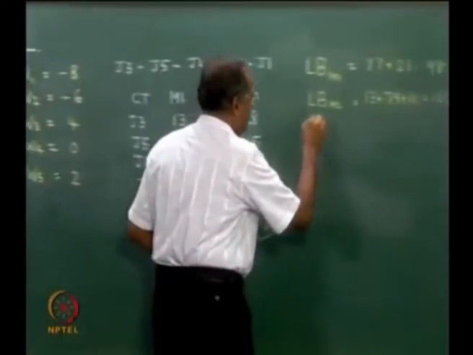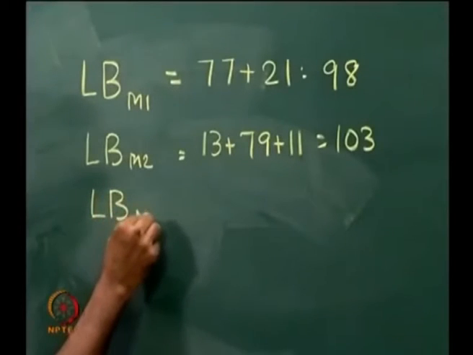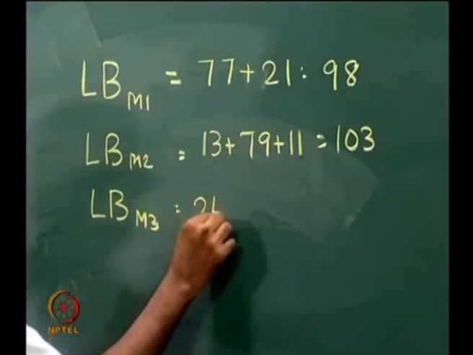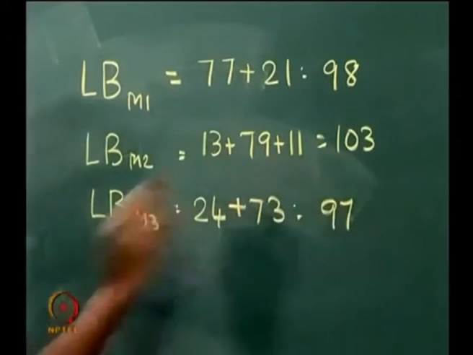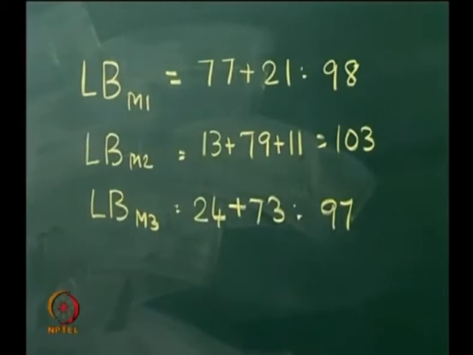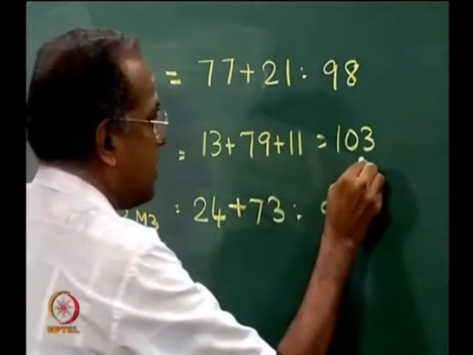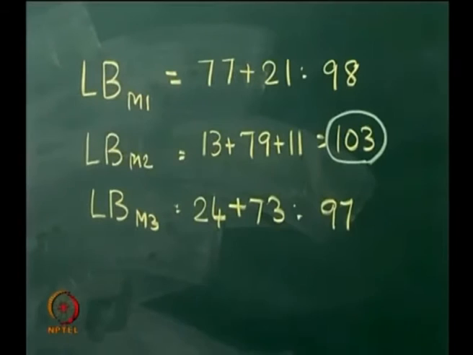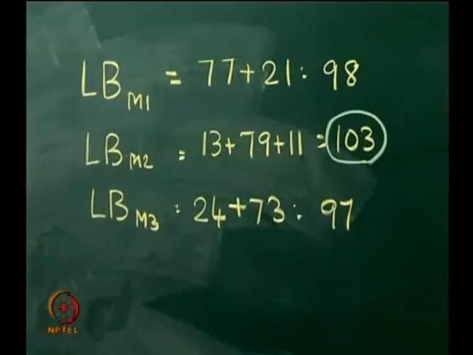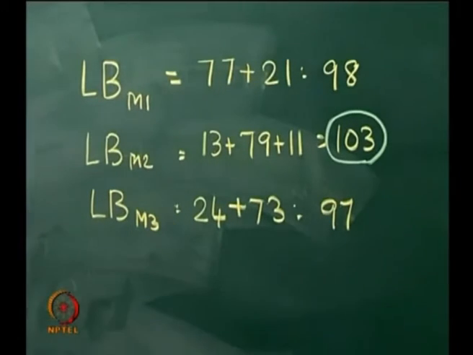So, the lower bound on M3 is equal to 24 plus 73, which is 97. Now, out of the 3 lower bounds, the maximum one is the best bound. So, 103 is a very good lower bound that we have got from using the 3 machines.